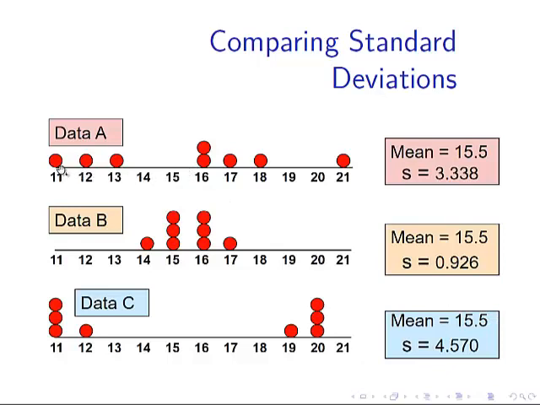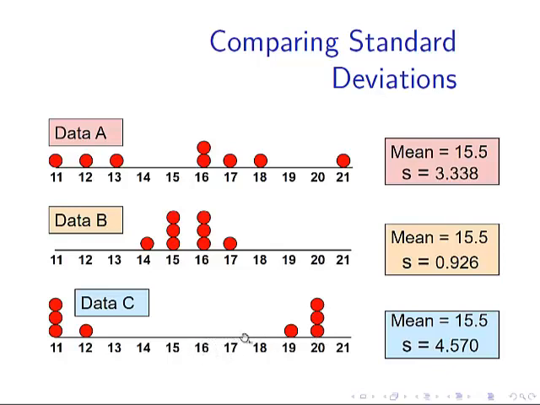For data A, you see that the distance from the numbers to the mean is more than the distance from the numbers to the mean in data B. Here you see numbers located very close to the mean, but here they are away from the mean. But in data C, they are far away from the mean, at a very great distance.